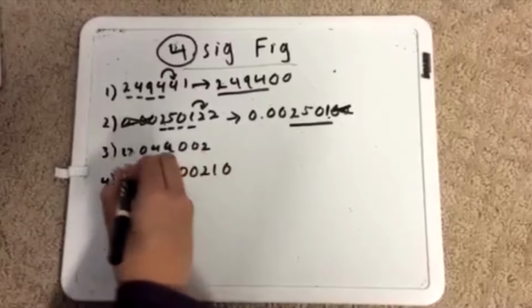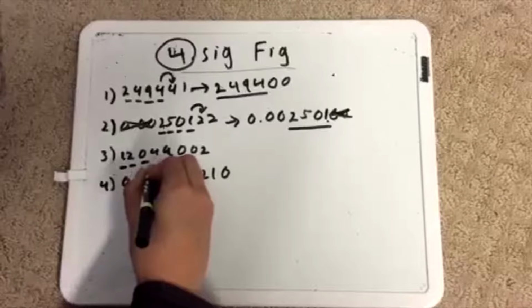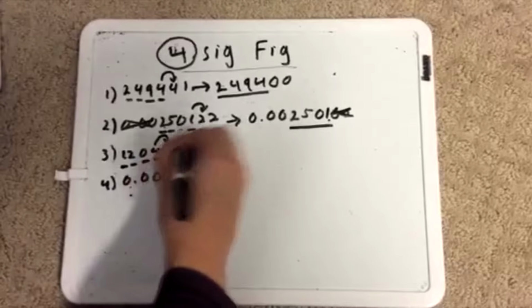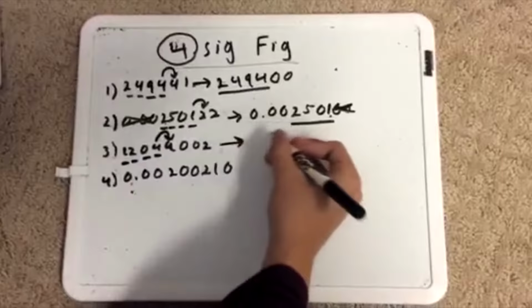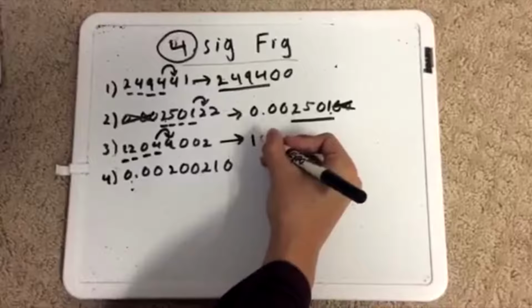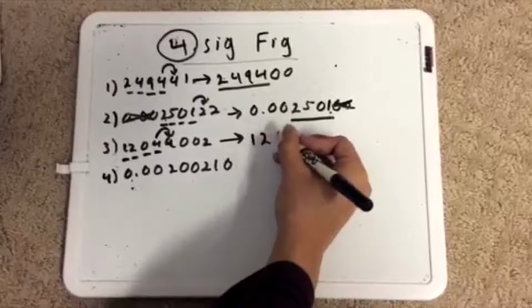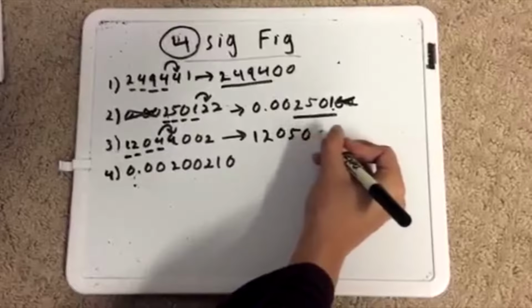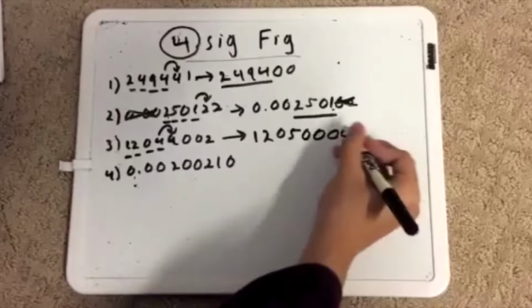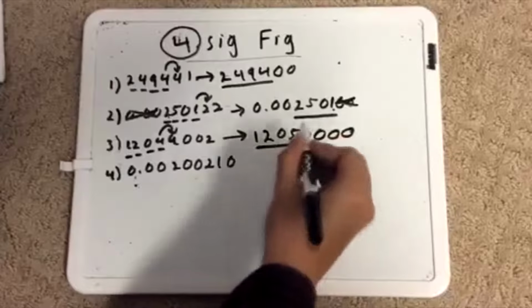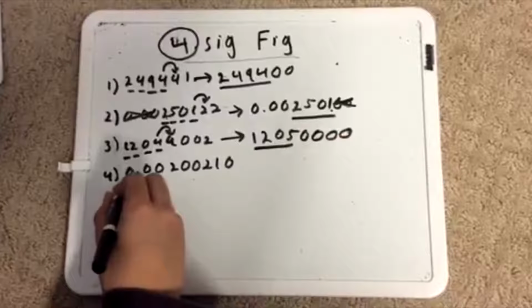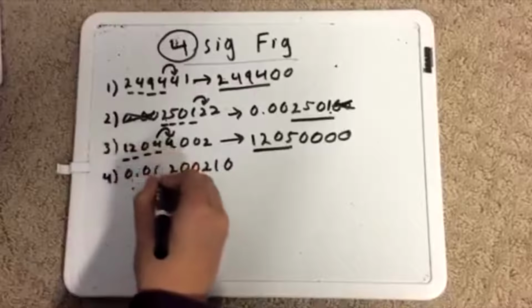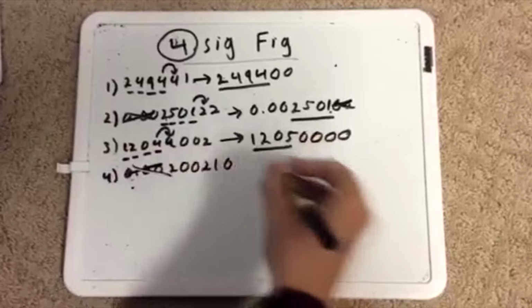For number 3, you would count 1, 2, 3, 4. You round it to the 9. Your number would end up as 1, 2, 0, 5, 0, 0, 0, 0 with 4 significant figures. Number 4 is the same thing as number 2, so you exclude these zeros.